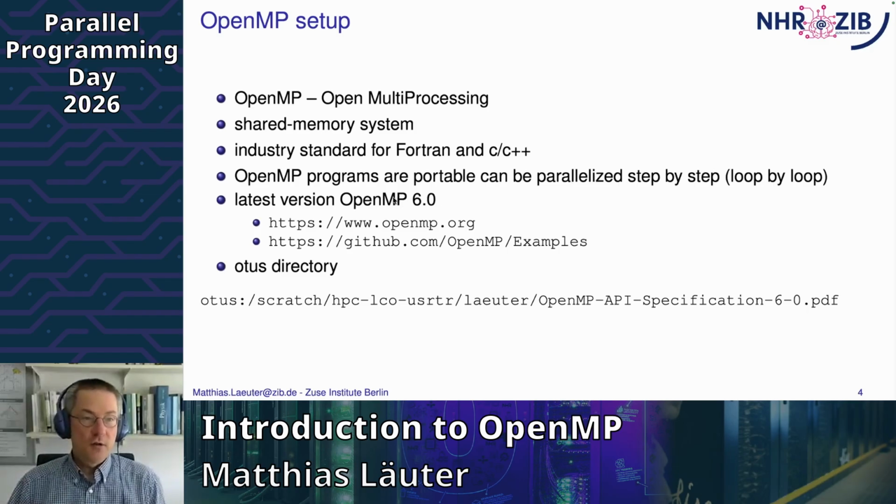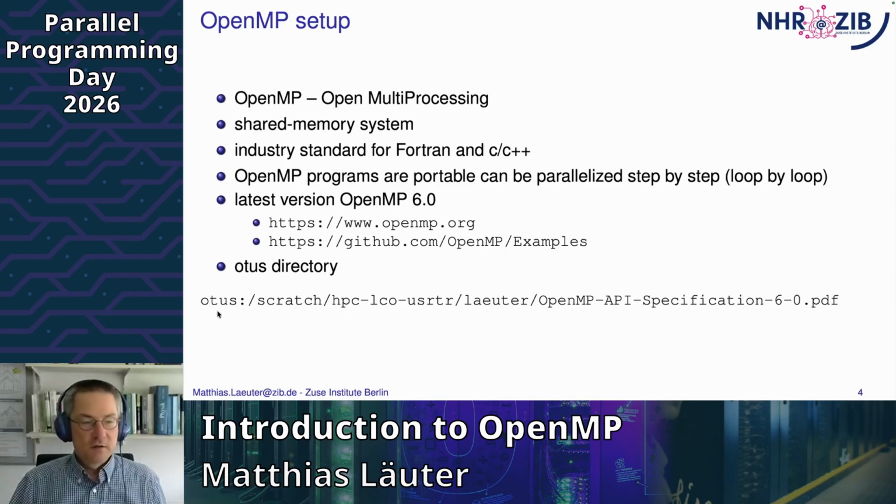If you want to learn about the latest version of OpenMP, please visit the website openmp.org, and on the GitHub repository, there are lots of important examples. I have preloaded the OpenMP specification, with hundreds of pages. Of course you can download it from openmp.org as well.